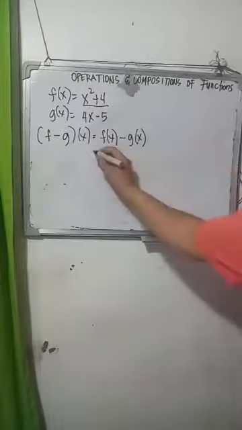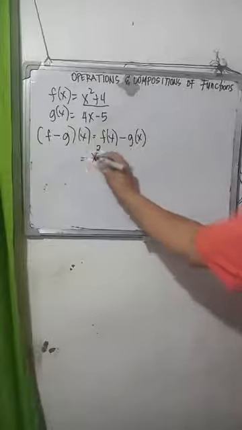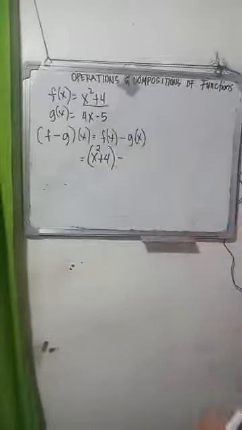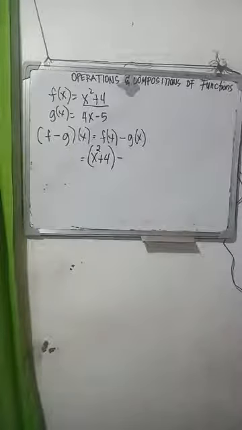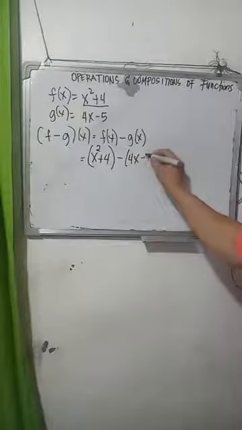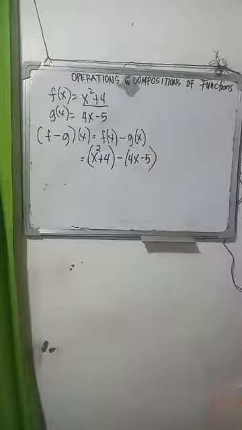The value of f of x is, again, x squared plus 4x, subtract, kasi difference na tayo, 4x minus 5. So find the difference in these given functions.